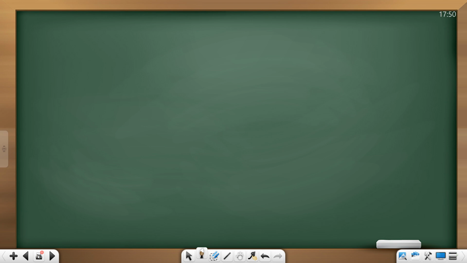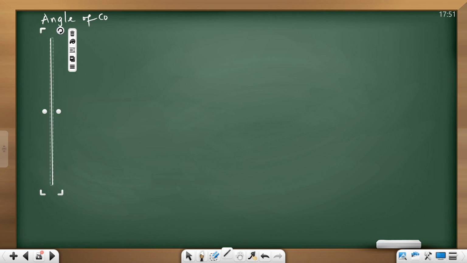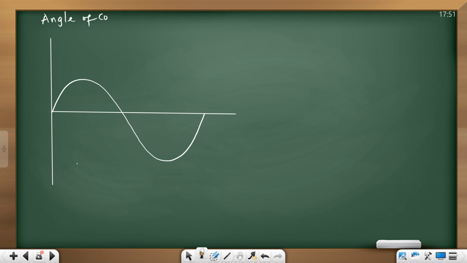Okay, look at this one quickly. The angle of the coil. Now, here you have 0, 90 degrees, 180 degrees, 270 degrees, and 360 degrees. When we produce maximum, your coil is actually flipping like that, even at minimum.